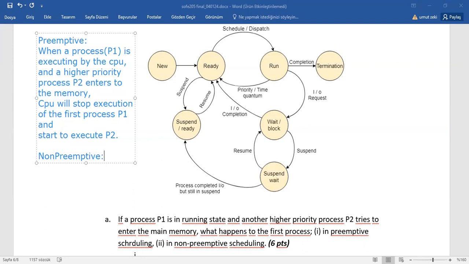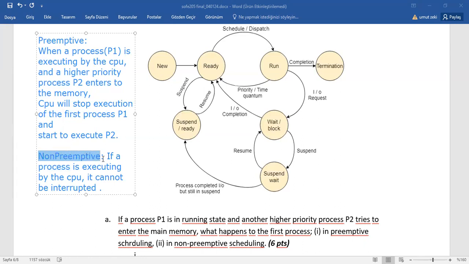non-preemptive means if a process starts execution, if a process is executing by the CPU in non-preemptive scheduling, it cannot be interrupted by any kind of priority or this kind of thing, which means this process should finish execution.